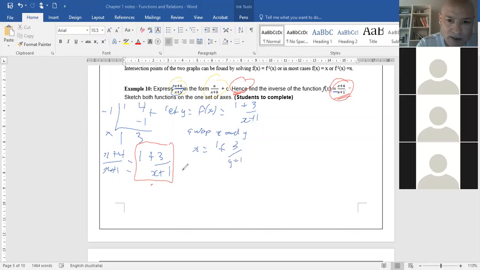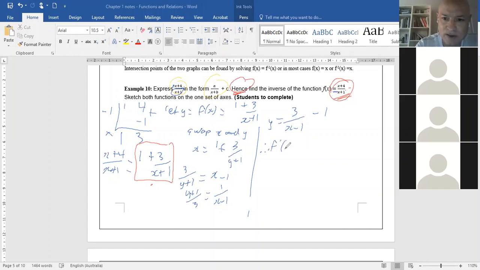Take away my 1, so 3/(y + 1) = x - 1. Flip them both, so I get my y up the top. Times by 3 and subtract 1. So y = 3/(x - 1) - 1. So there's my inverse: f⁻¹(x) = 3/(x - 1) - 1.